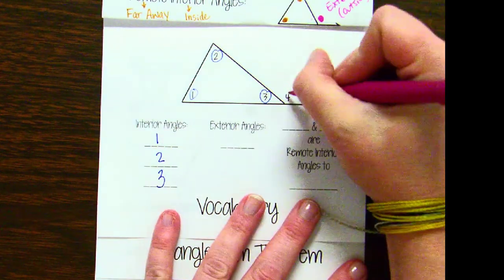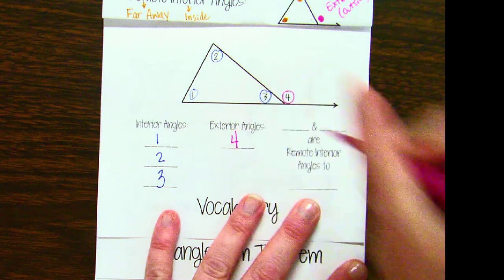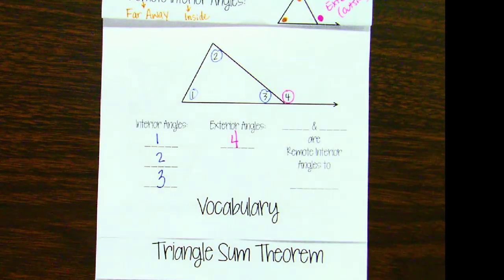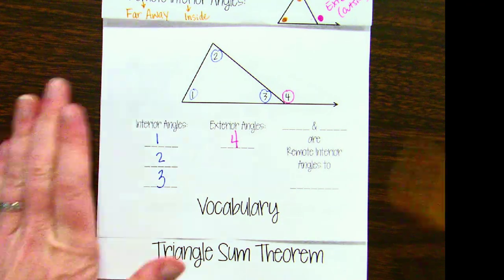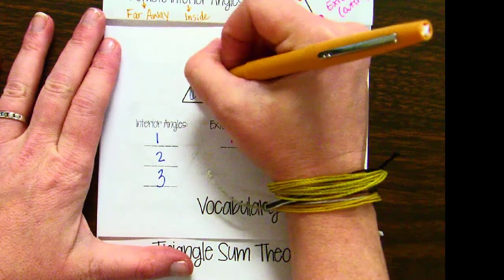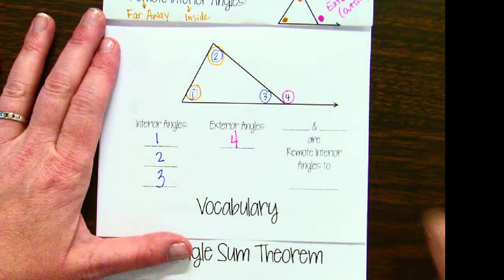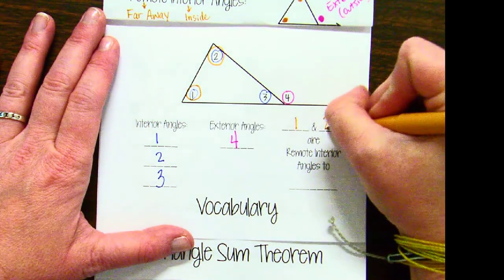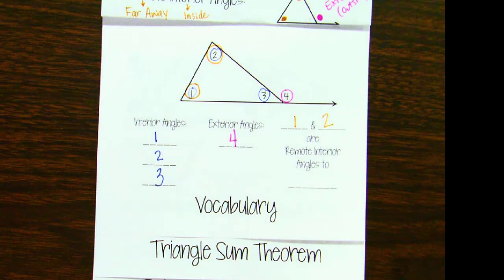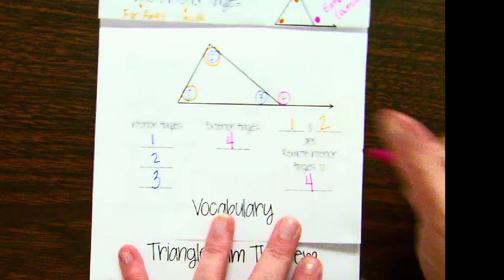The exterior angle is going to be 4. And the remote interior angles would be the ones that are far away. So angles 1 and 2 are remote interior to angle 4.